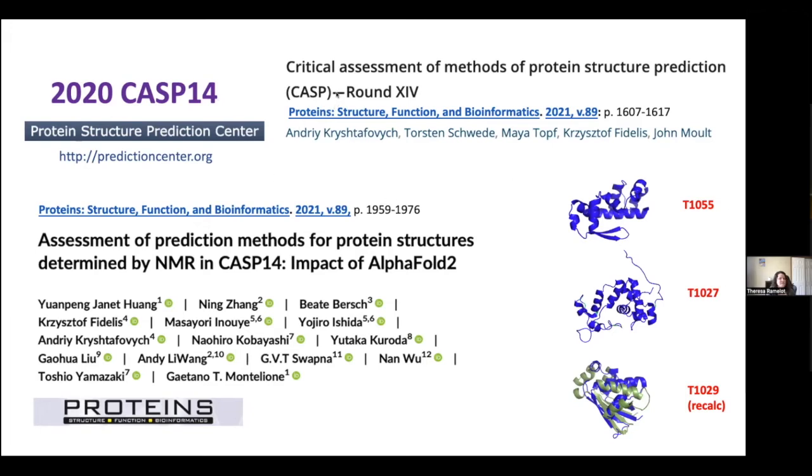they have crystal structures that are not in the database yet, and people are using their prediction methods to predict those structures. But in the most recent round, round 19, there were actually 3 NMR structures as part of CASP14.